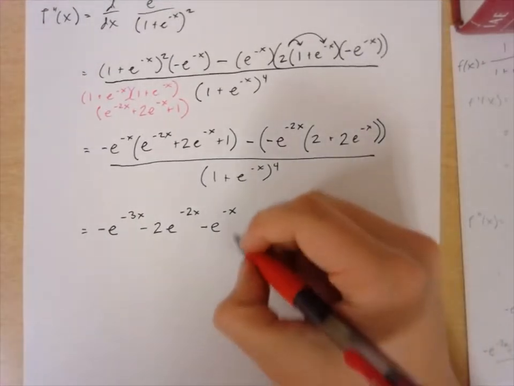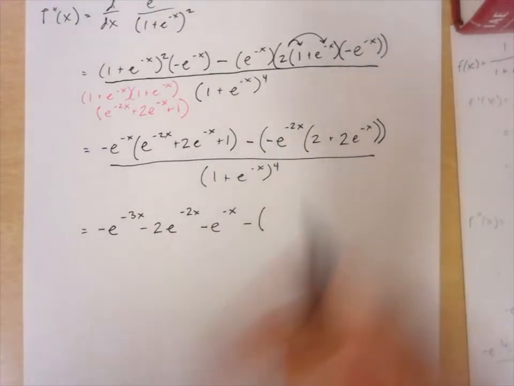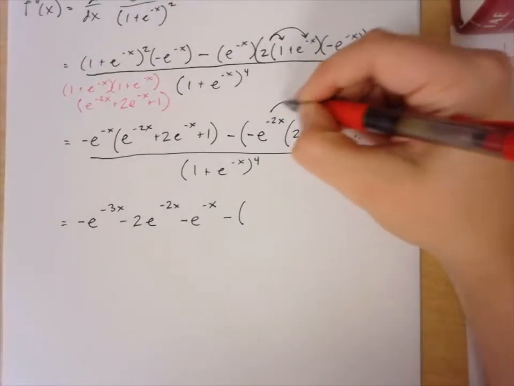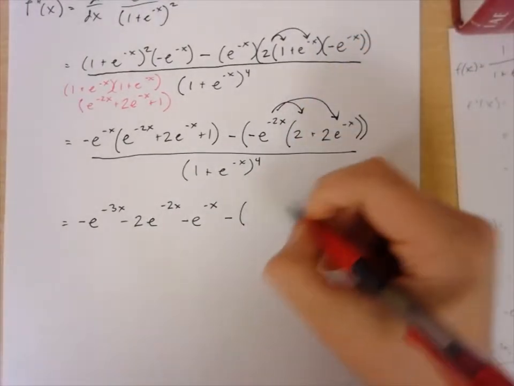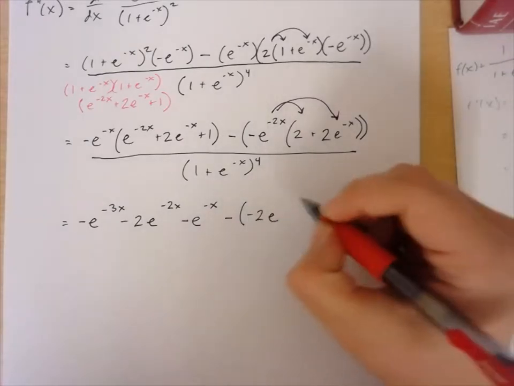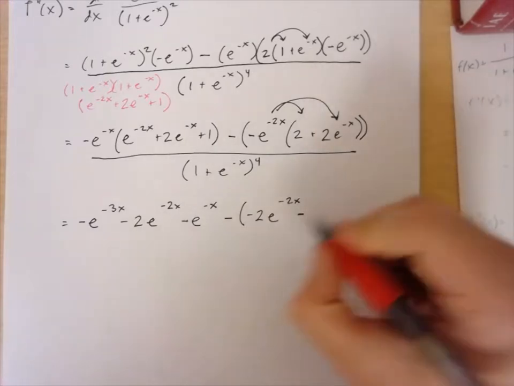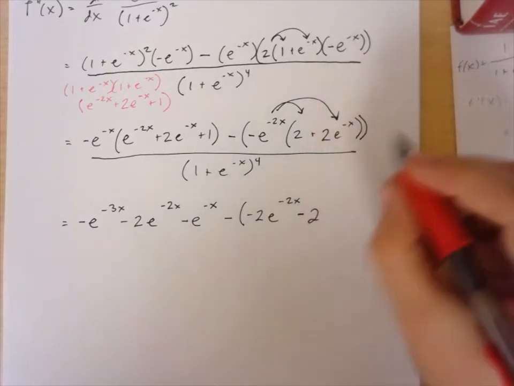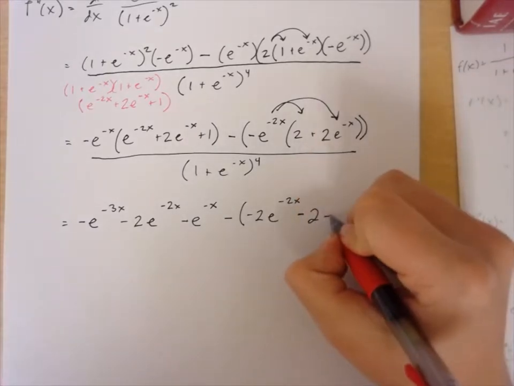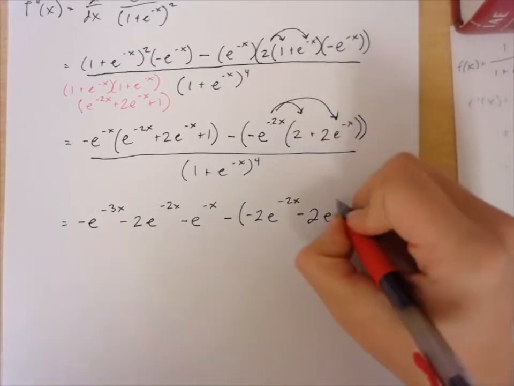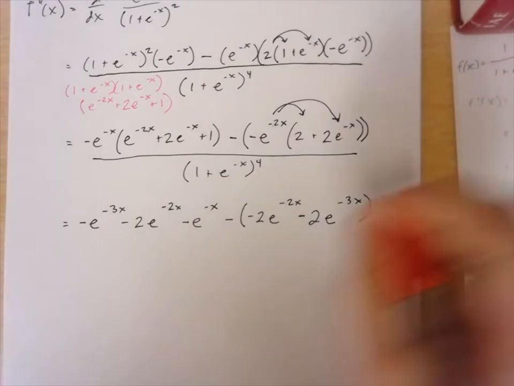And now I'm still going to hold on to my negative. I like to put that at the very end so I don't mix up any signs. I'm going to take this and distribute it to both terms in here. And I'm going to get negative 2e to the negative 2x minus 2, and I'm going to have e, and I'm going to add these exponents together. Negative 2 minus 1 is a negative 3.